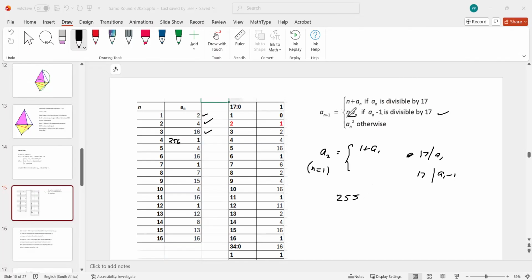So therefore, the rule that you use here is n times a_n. So it is this times this, 4 times 256, actually. Right? But that will be 4 times 1, which is 4. You see, the interesting thing here is that congruences have very powerful applications. Because when you divide 4 times 256, which is 1024, by 17, the remainder is 4.